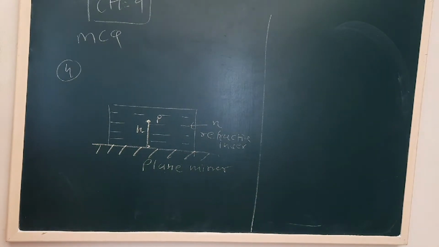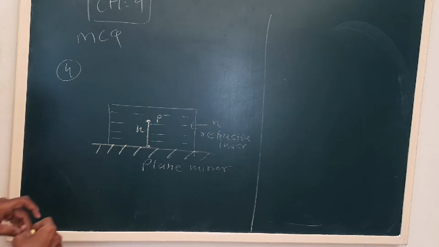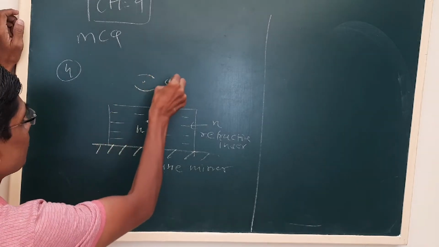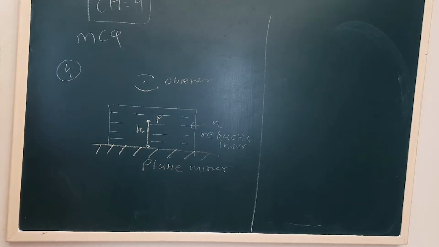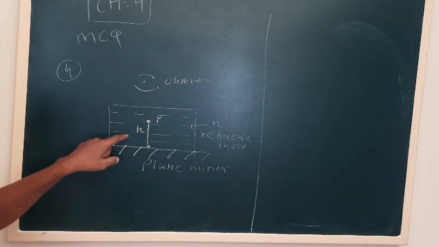An observer is here, above the liquid. How much will be the distance between the image and the object?